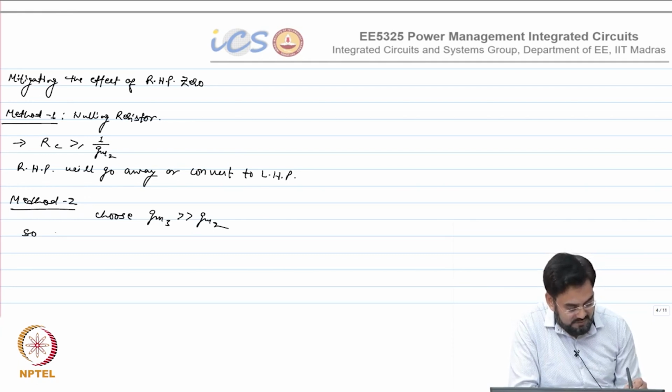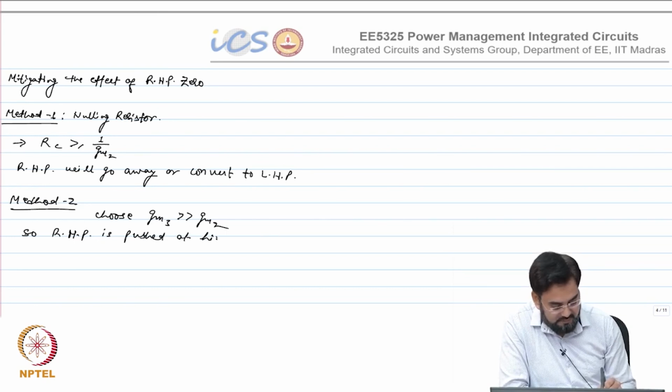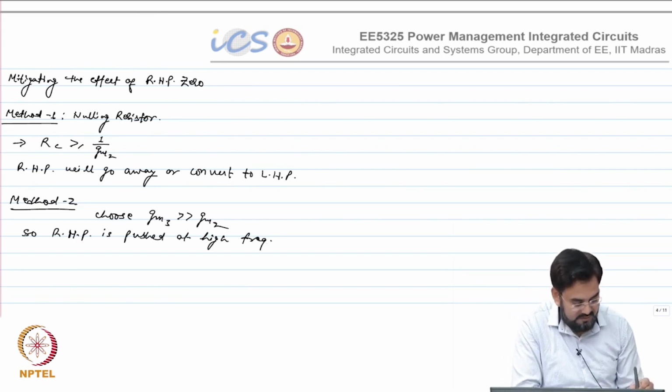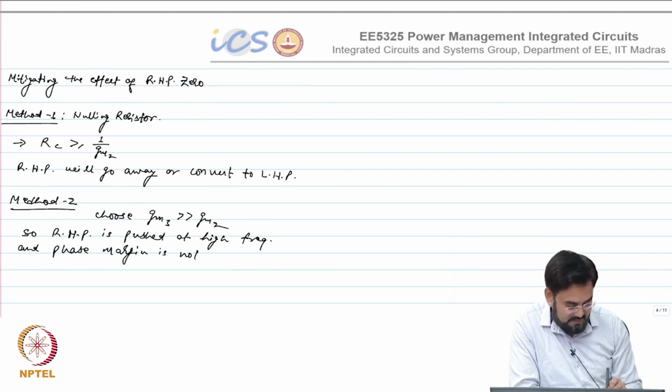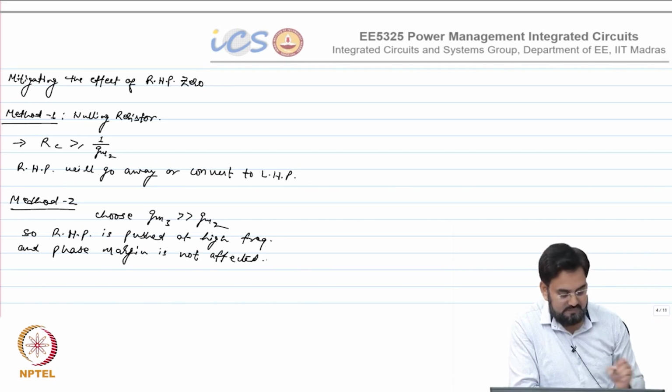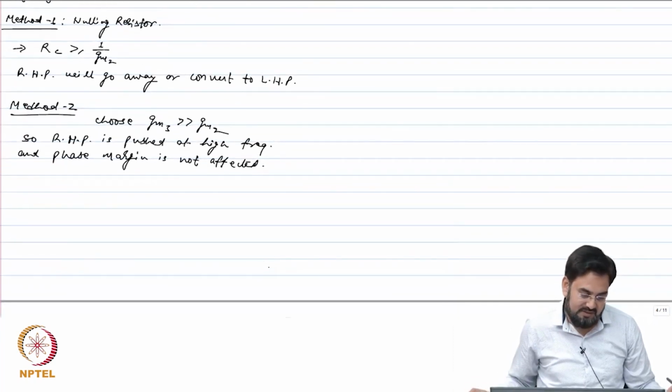So the right half plane 0 is pushed to high frequency and the phase margin is preserved. Correct. Now let us look at the third method.